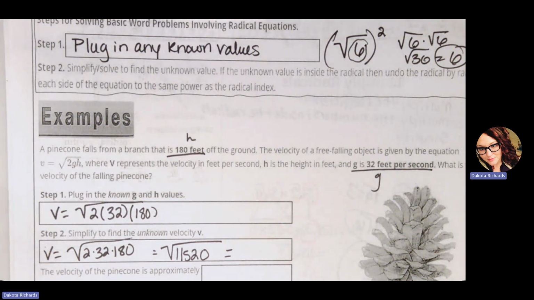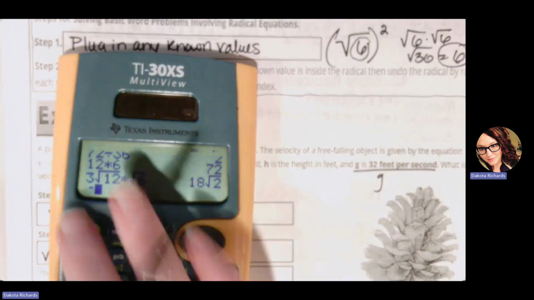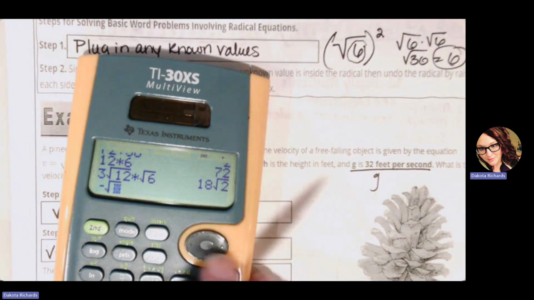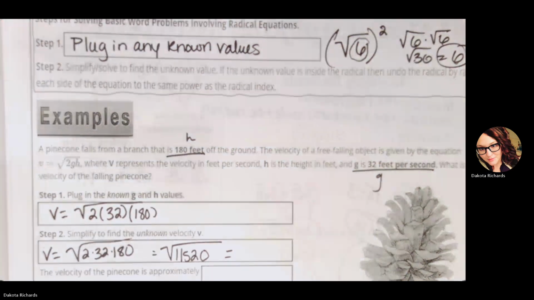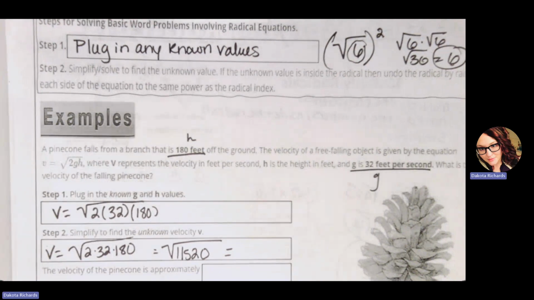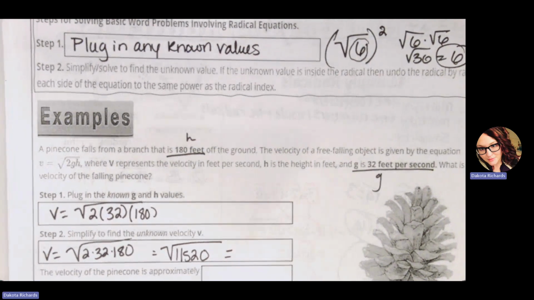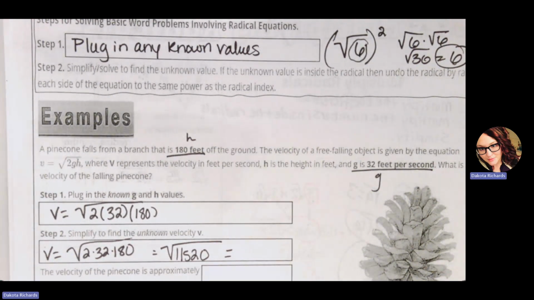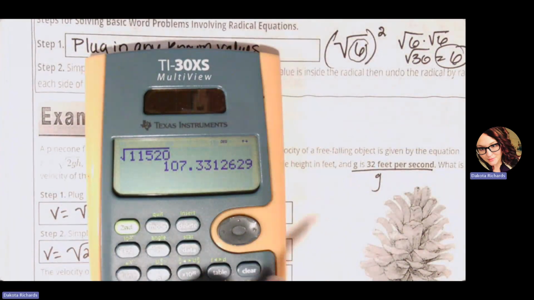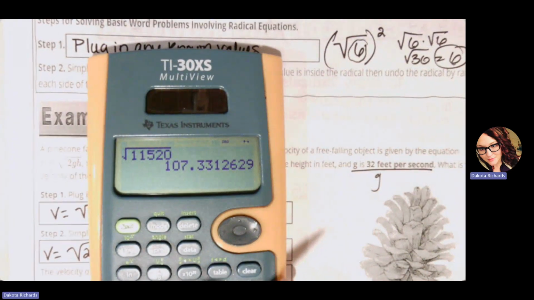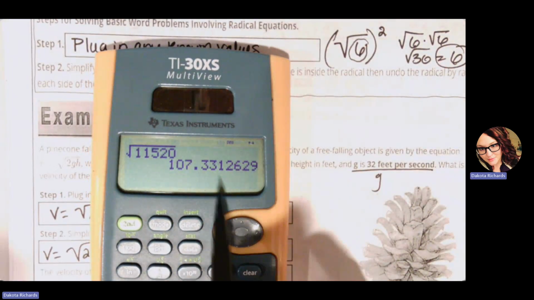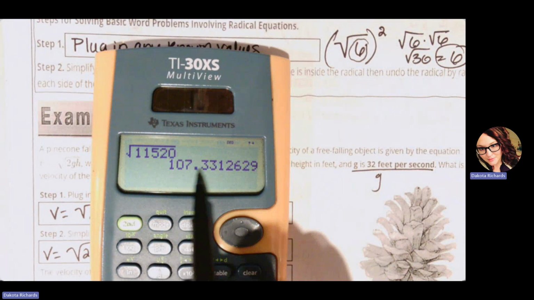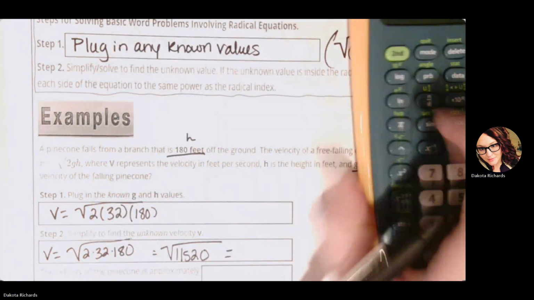So what you would do in this situation, just get your calculator. You're going to type out the square root of this long number, 11,520. And it's going to give you a decimal. It's not even going to give you a radical. So we're going to round to 2 decimal places. So this is going to be 107.33.